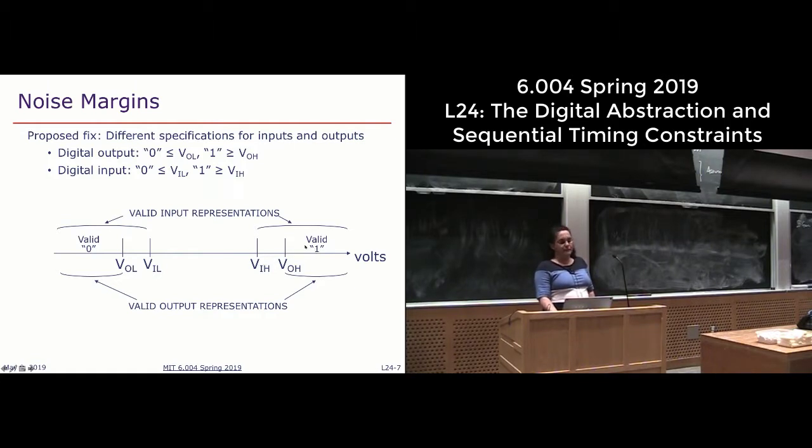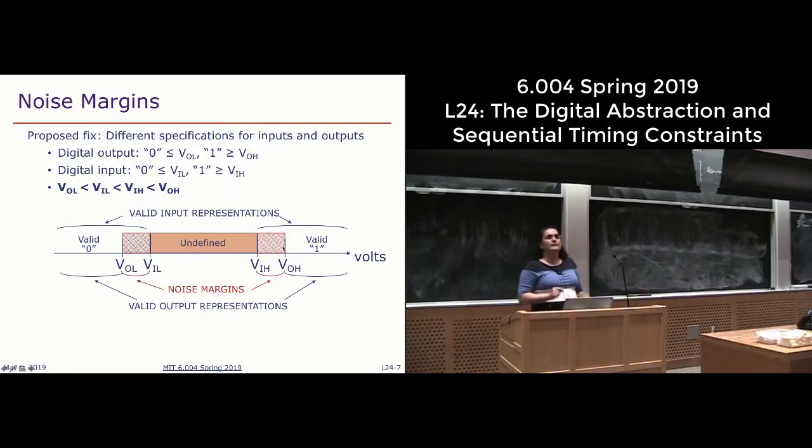So what does that do for me? This allows the space in the middle to be what we call a noise margin. It allows me to accept not an infinite amount of noise, but at least a small amount of noise, such that my valid output, when I add this noise to it, is still considered a valid input to my next device.